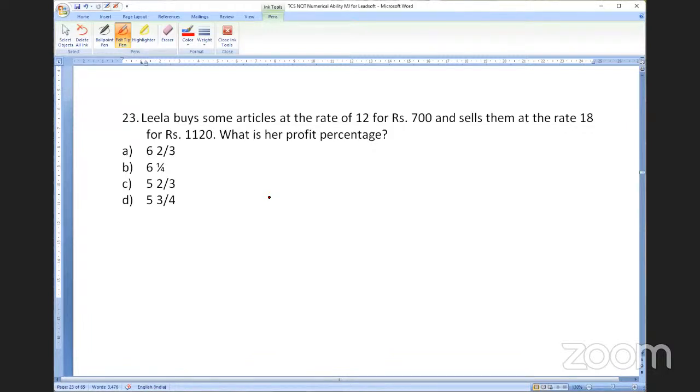You know the drill. It would be maximum 80 seconds, 70 seconds for this particular question. Check out which particular rule fits in, rule 2, 3, or 4, and then find the answer.